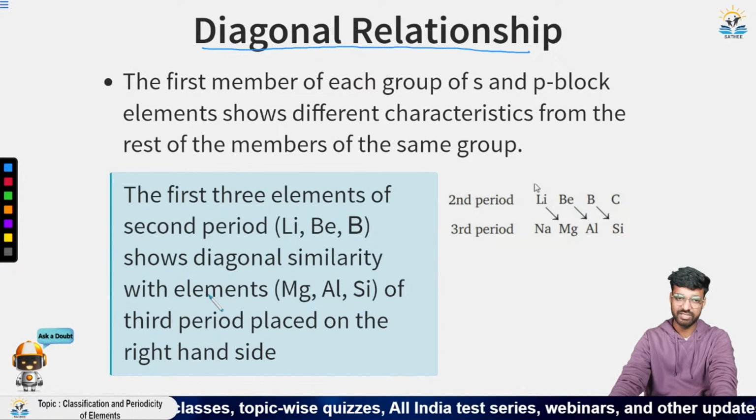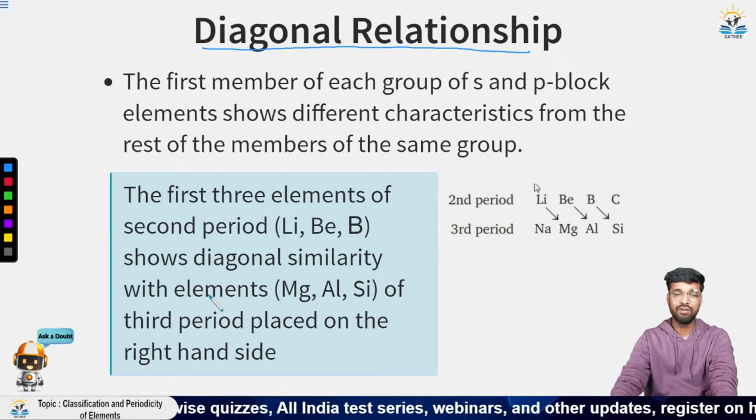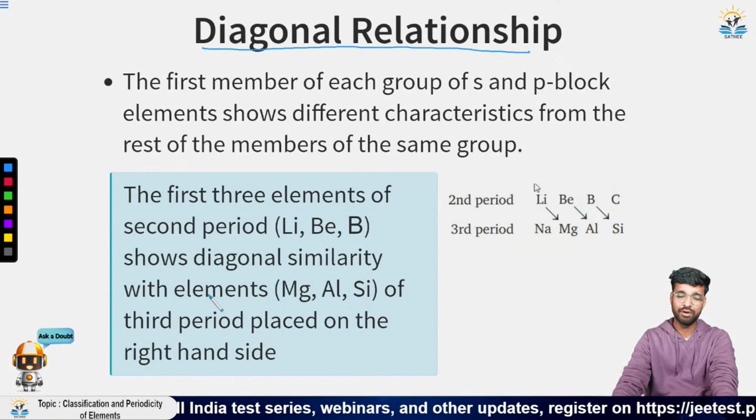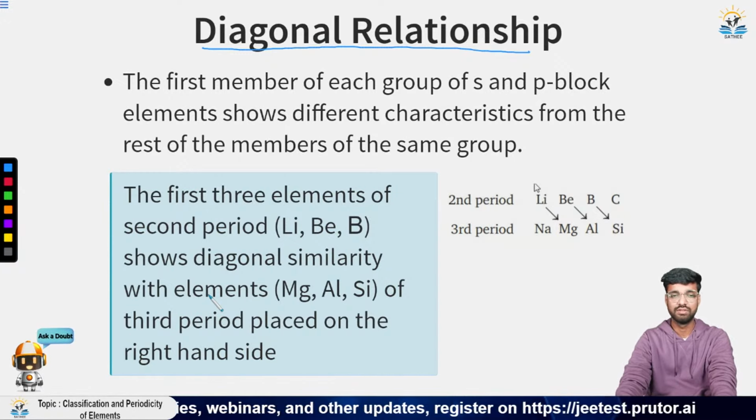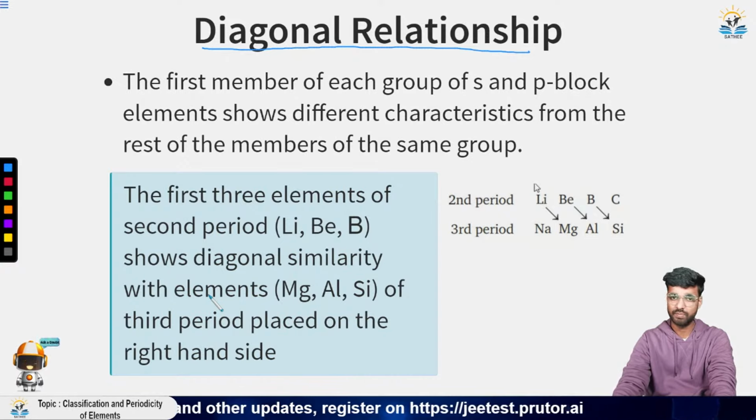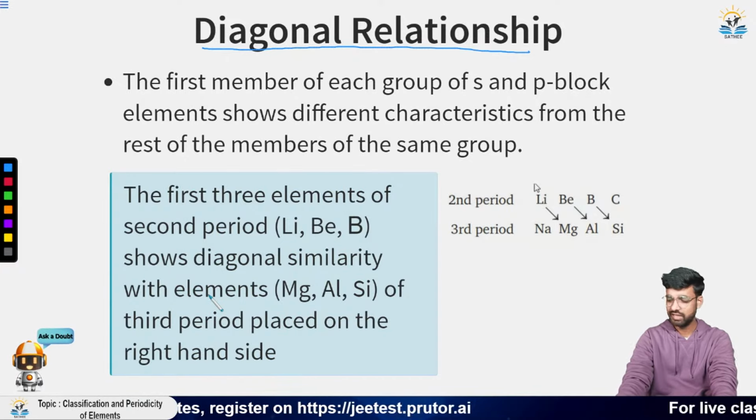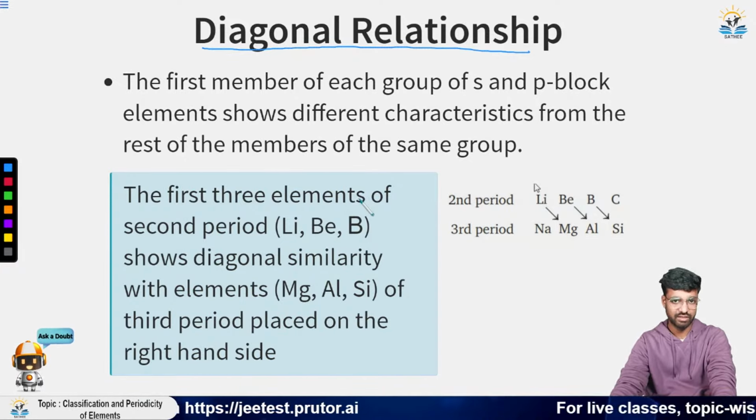Generally, elements of the same group have almost the same properties, either physical or chemical, but there is an exception to that.